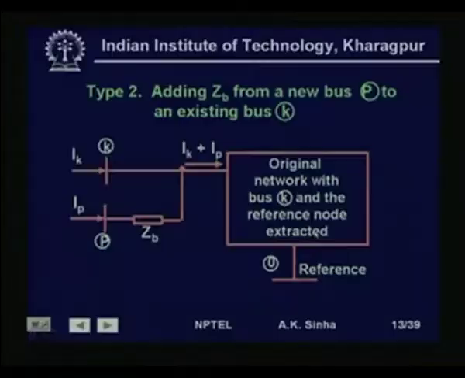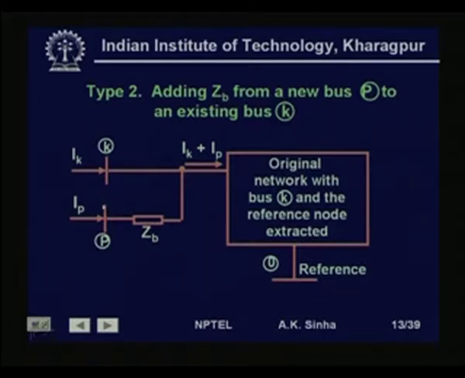Okay, so next we will go to type 2 modification, that is adding a branch with impedance Zb from a new bus P to an existing bus K. The original network is in this rectangle. We have taken this bus K and the reference node outside to indicate the situation.